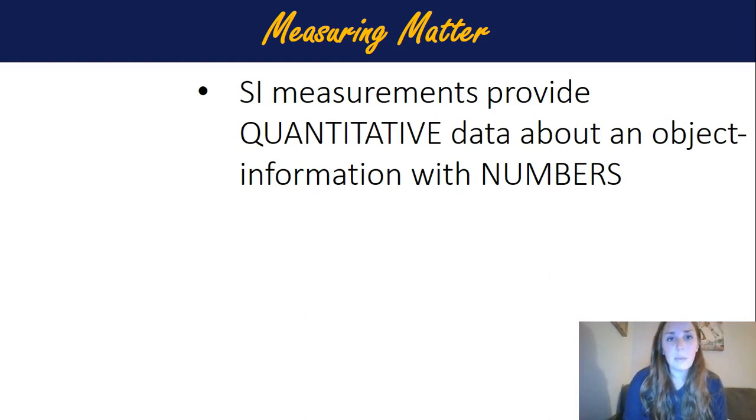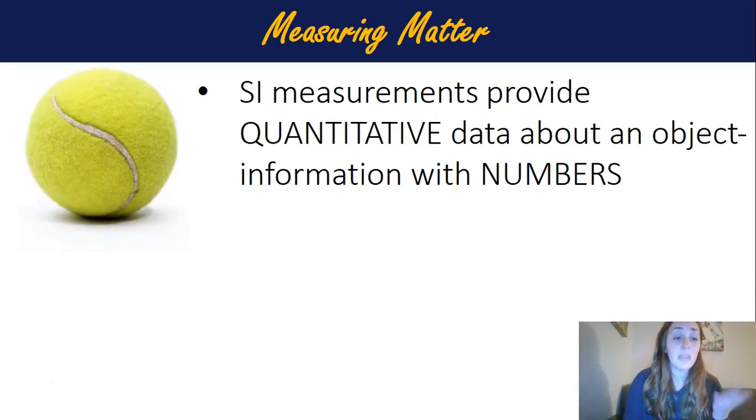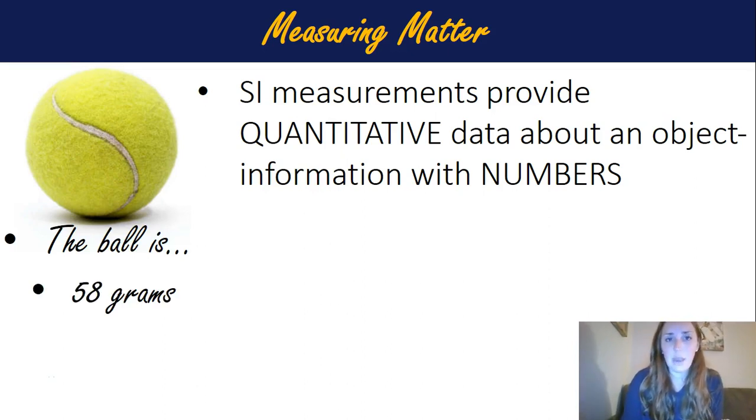So one thing you have to remember is SI measurements provide quantitative data about an object, and that's information with numbers. So if I had this tennis ball and I wanted to take some quantitative, quant means numbers. So like quantity is how many. If I'm taking quantitative data, I might say the ball is 58 grams.